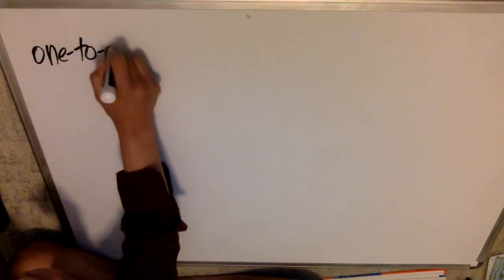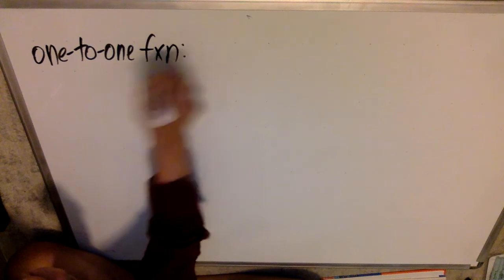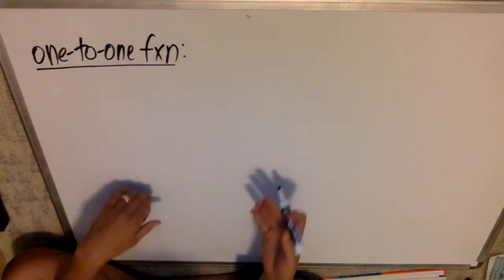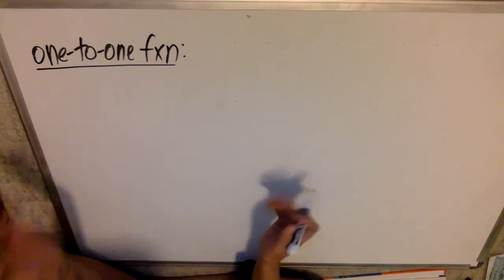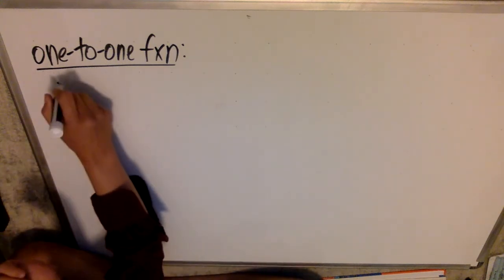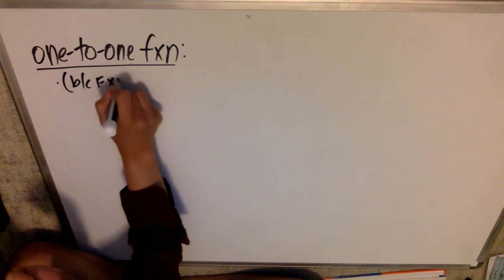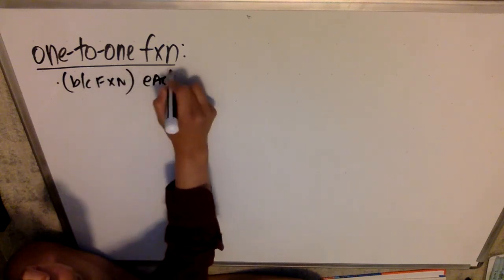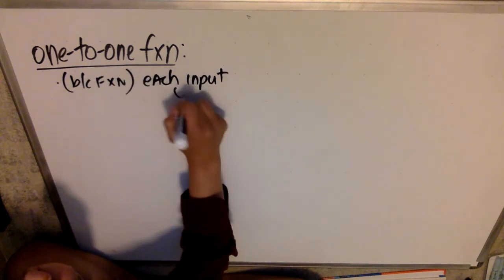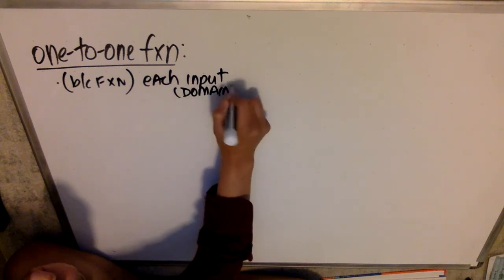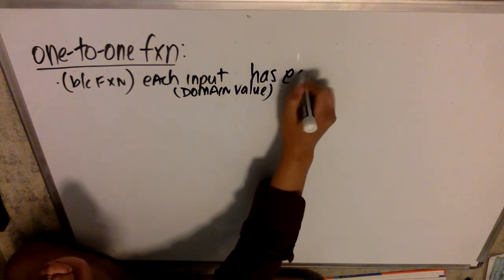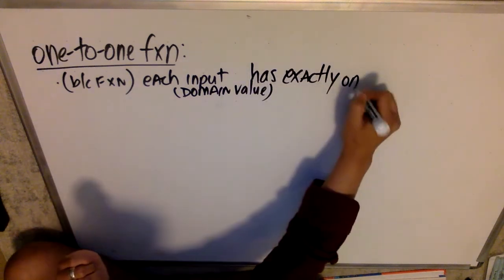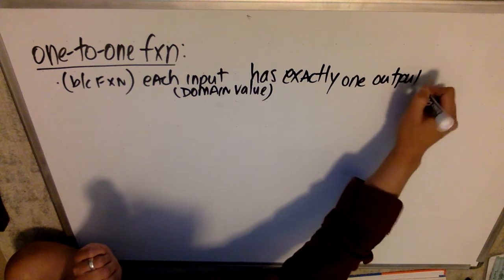So a one-to-one function, we already know that you can only have one y for each x, right? Now, a one-to-one function also only has one x for each y. So because it's a function, we know that each input, each domain value, has exactly one y, right, so one output or range value.